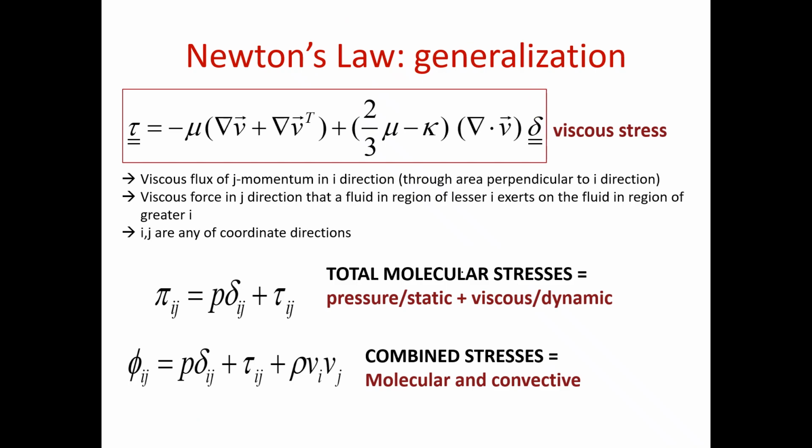Minus mu. This is a matrix. This is just a transpose of the same matrix. And then plus, this is a constant. Just take it as a constant. 2/3 mu, and there's a negative viscosity here. Kappa. Assume we know these. And then divergence of V.